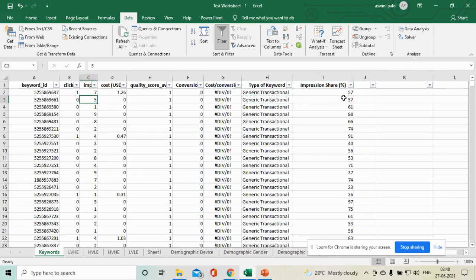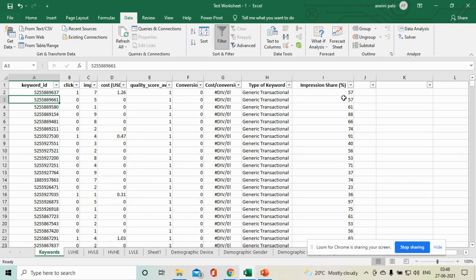You can see the total impression is 5. It means if you consider 60% as 5, then the total search volume for this particular keyword might be around 9 or 10.